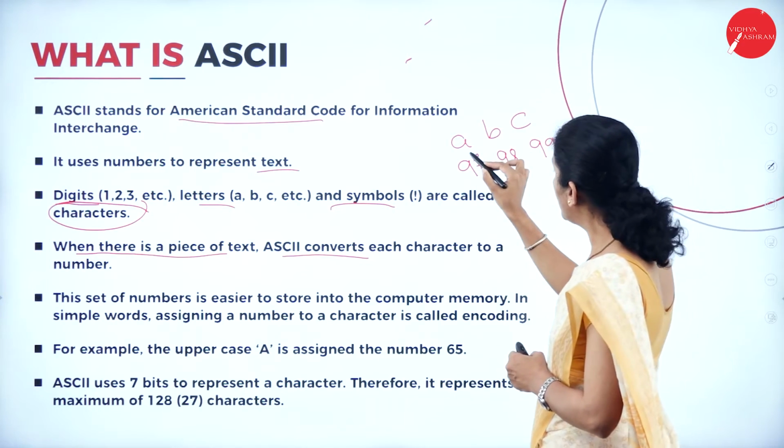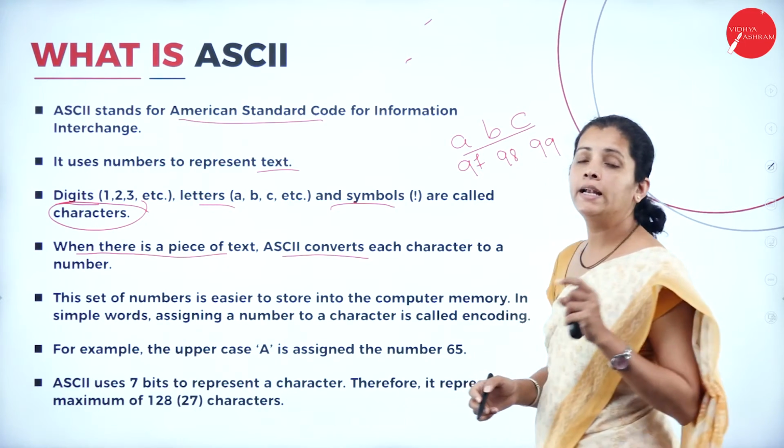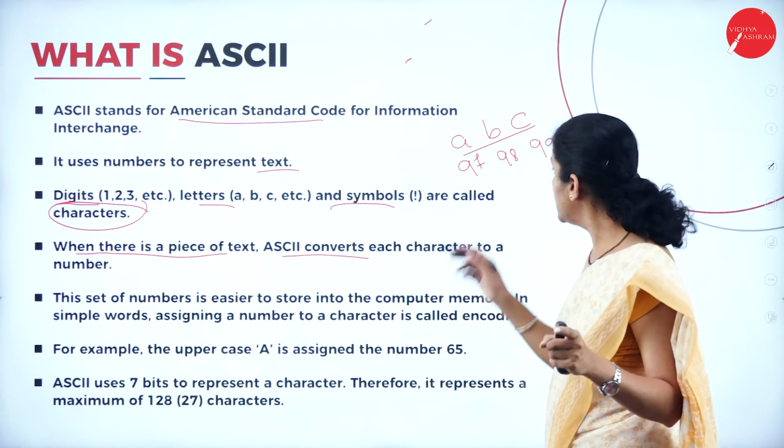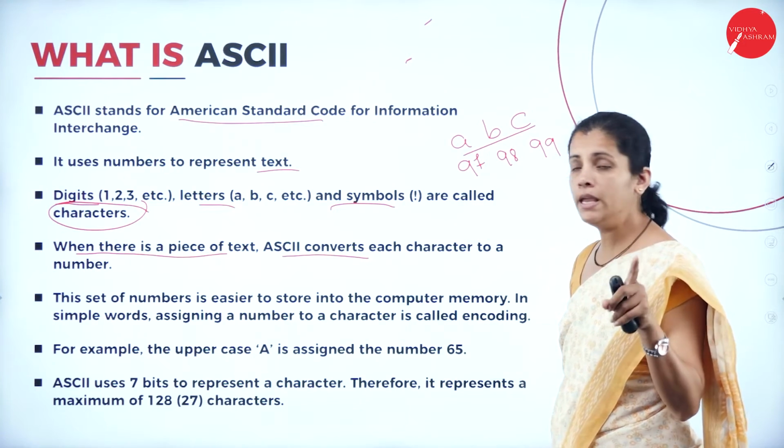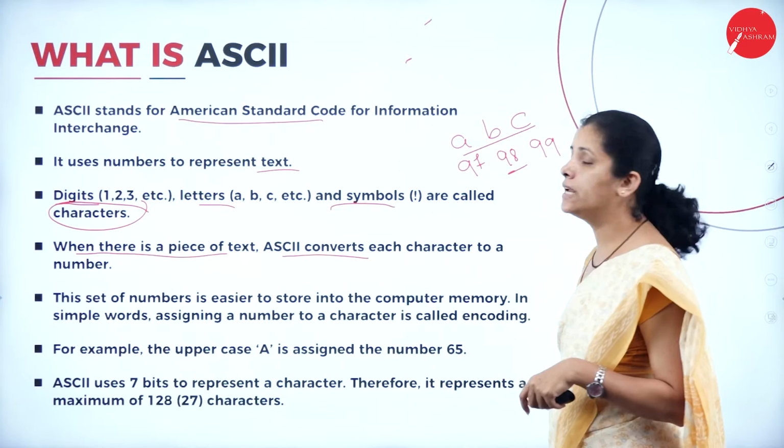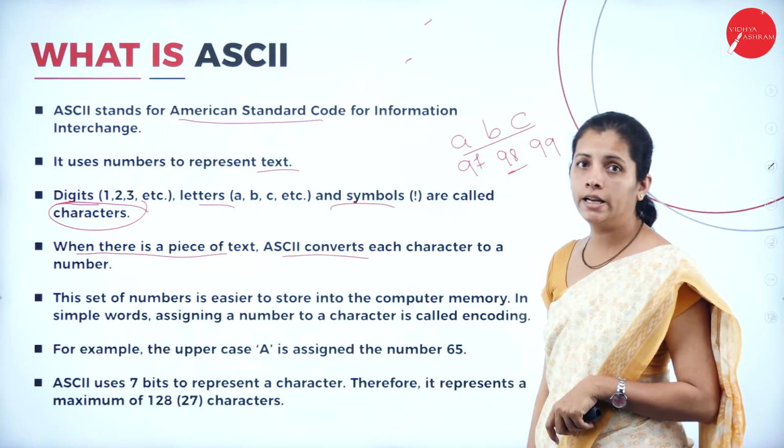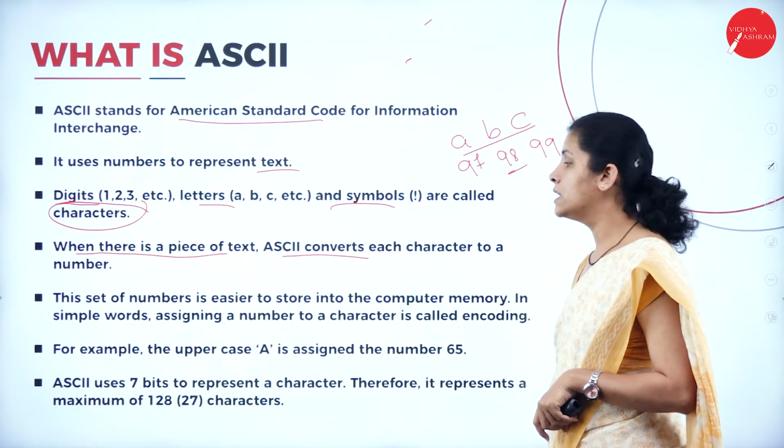And when I type a, it is converted into 97, b, it is converted into 98, c, it is converted into 99.